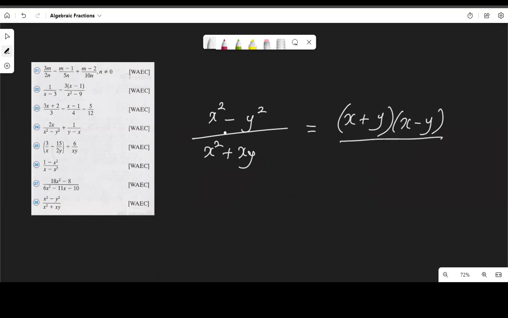In the denominator, x is common, so we'll factor that. So we'll have x times x plus y. X plus y will cancel x plus y, so I'll be left with x minus y over x. My final answer.